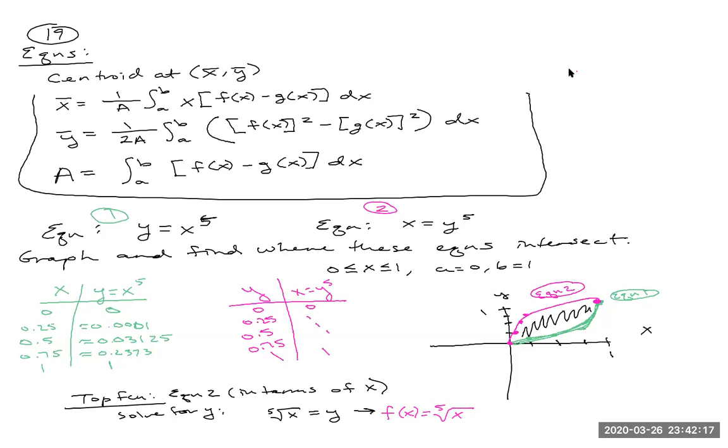And then the bottom function, that one is going to be equation 1, also in terms of x. That one's already written the way it should be. So for equation 1, you have g of x equaling x to the 5th.